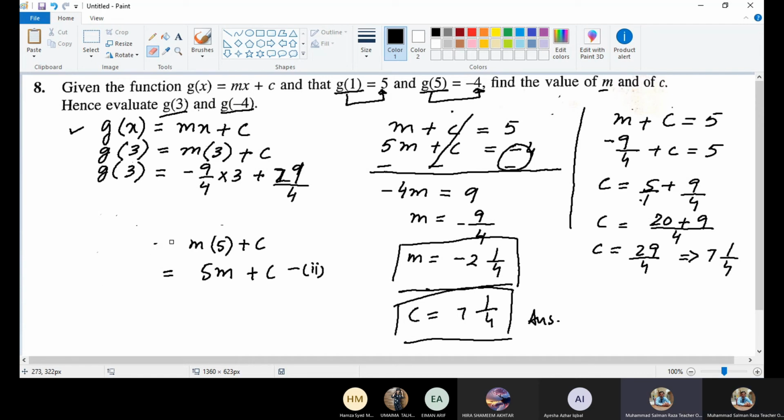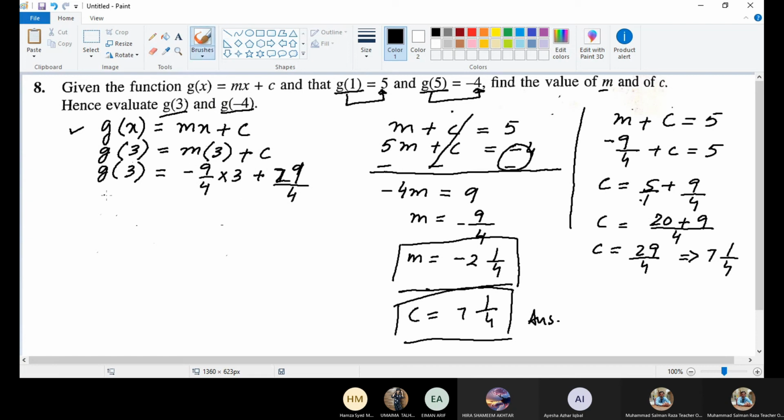So how did we start doing this question? We made two simultaneous equations, solved them, and found out the values of m and c by the elimination method. And over here, they are asking us to evaluate g of 3 and g of minus 4. G of x is mx plus c, the main equation, where g of 3 is equal to m of 3 plus c, where I put the values of m and c here.